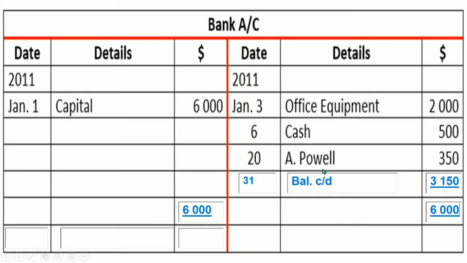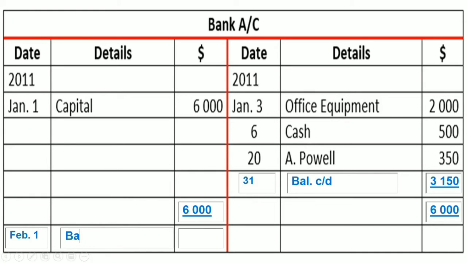And the final thing is for you to enter your balance brought down. And again, that is entered on the larger side, which is the side that is opposite of your balance carried down. And also, please note that this value must be recorded directly below the total. So here we go. The date is the beginning of the next period, which is February 1st.